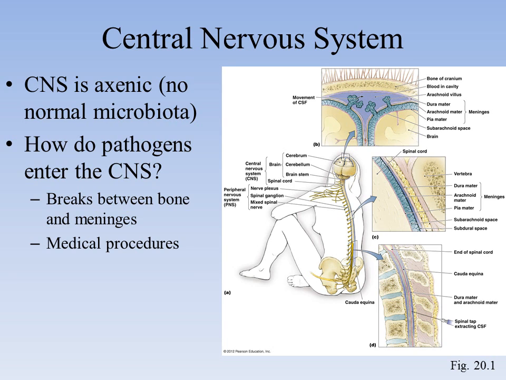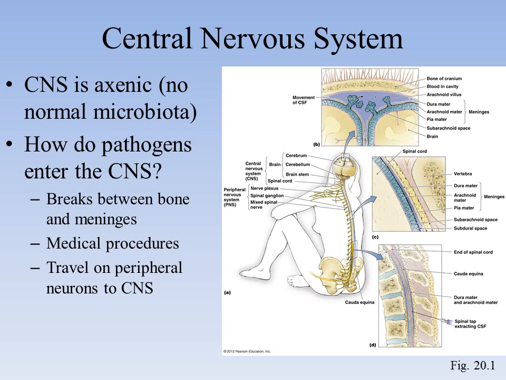So if you have any medical procedures that are going to result in injections into the central nervous system, such as a spinal tap, you could also mistakenly inject or have pathogens injected into the CNS that way. And it's also possible that they'll travel on peripheral neurons to the central nervous system.